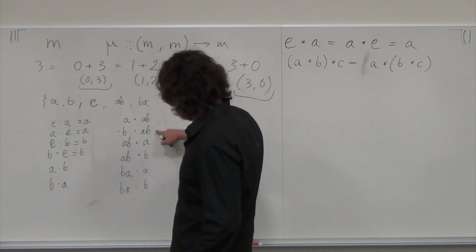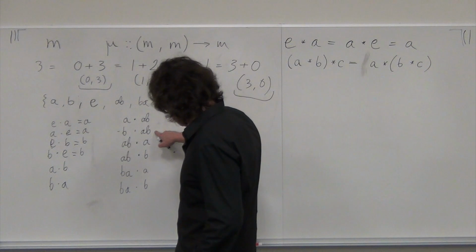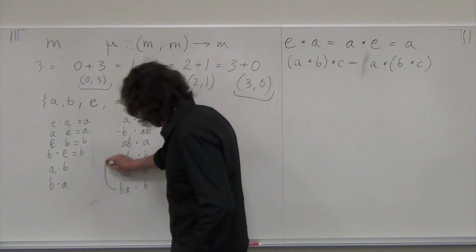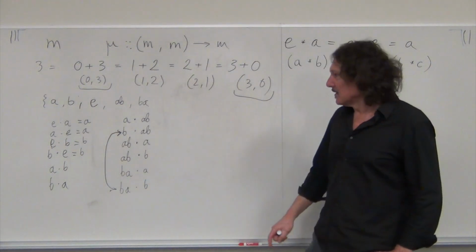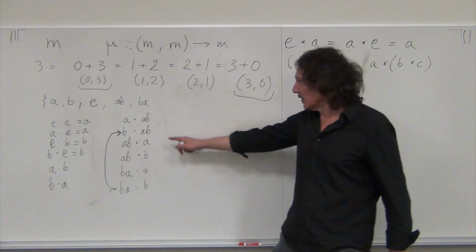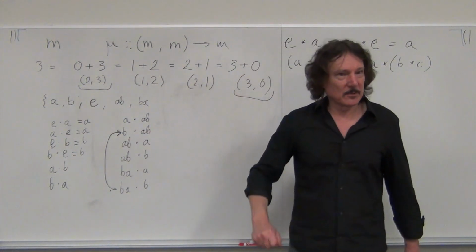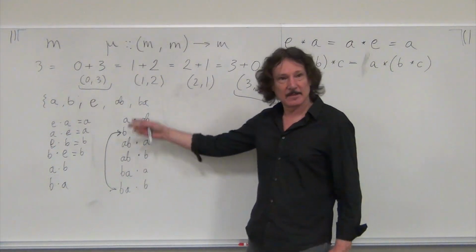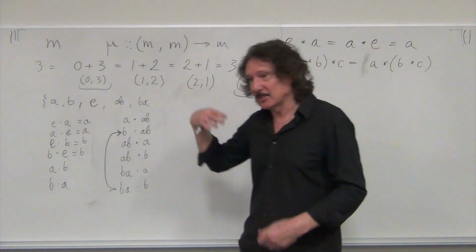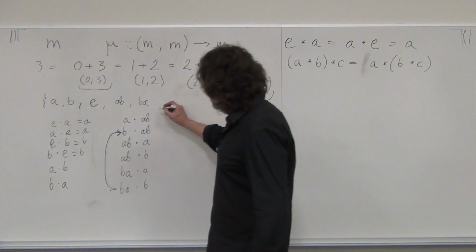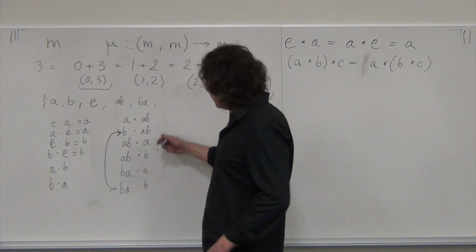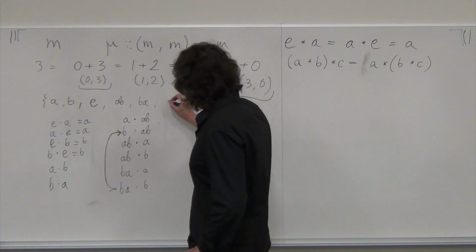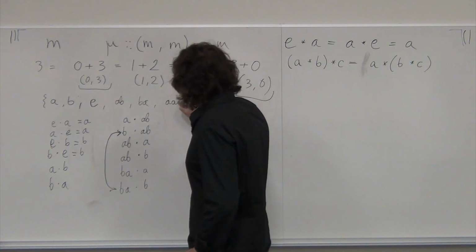You see what I'm driving at? That BAB is the same as this guy, because of associativity. So I have to identify certain things because of associativity at this level, after I've gone to the second generation, and so on. So it turns out that at this level, I will have to add things like AAB.